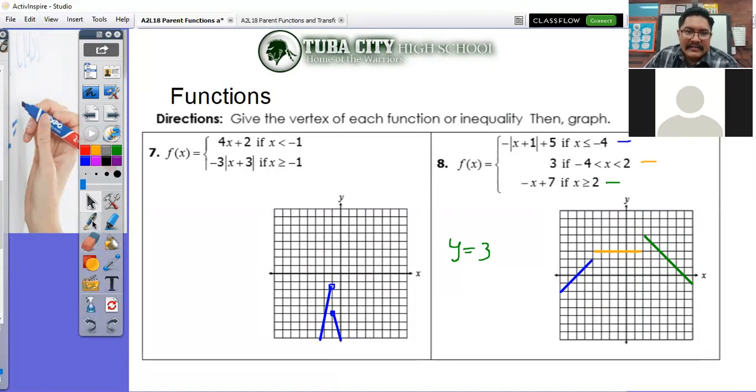And you might be thinking to yourself, when are these ever going to come in handy? That's a pretty good question. But anyway, I'm going to use a filled circle because we have the or equal to here. And remember, a function cannot fail the vertical line test. So I'm going to use an open circle because there is no or equal to here.